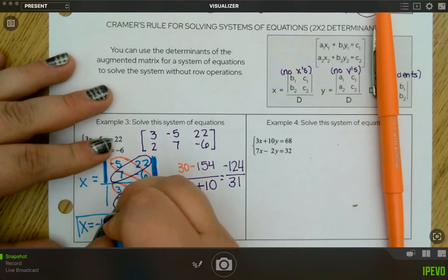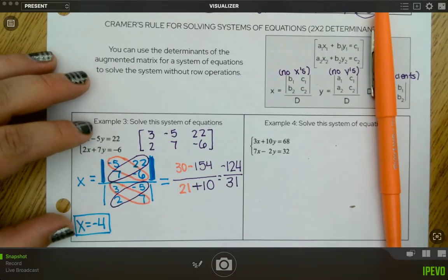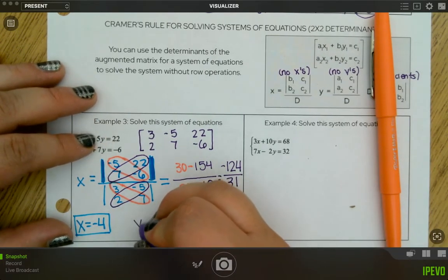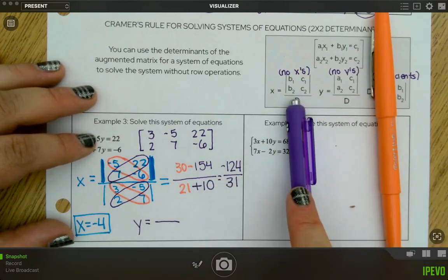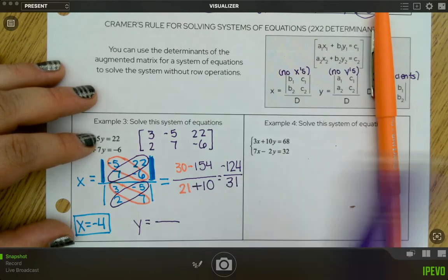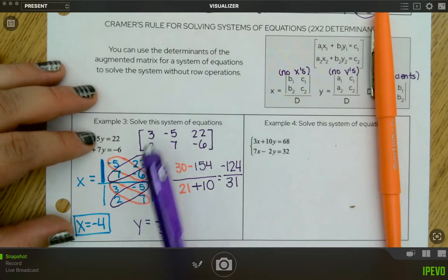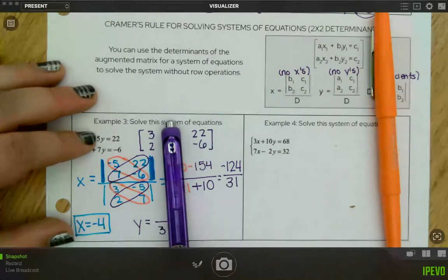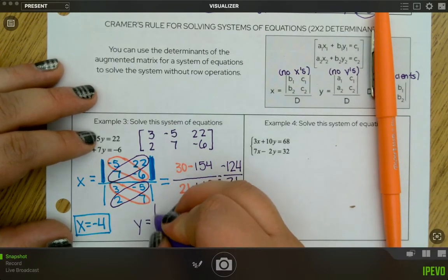Now you might be like, oh, Mrs. McFadden, we're running out of room already. Yeah, we are, but guess what? For the y value, you already know what's supposed to go on the bottom because they both have the same denominator. So I can already assume that the bottom part is going to be 31. And then all I need to do on the top is write the matrix without the y column. So 3, 22, 2, negative 6.